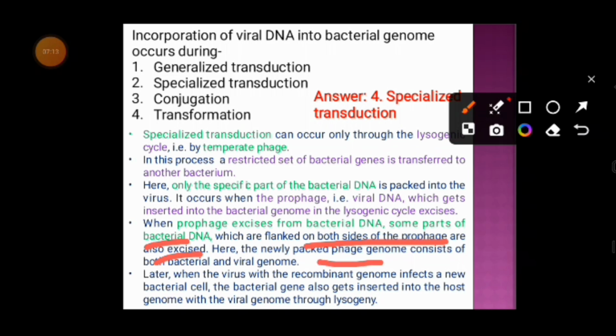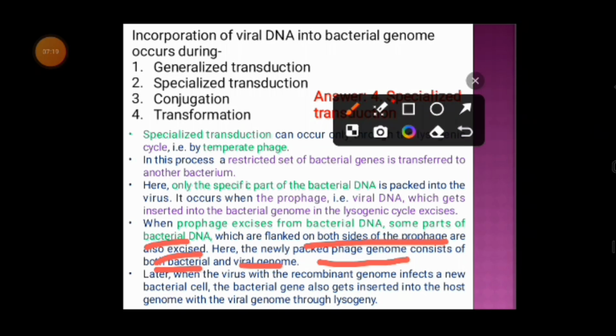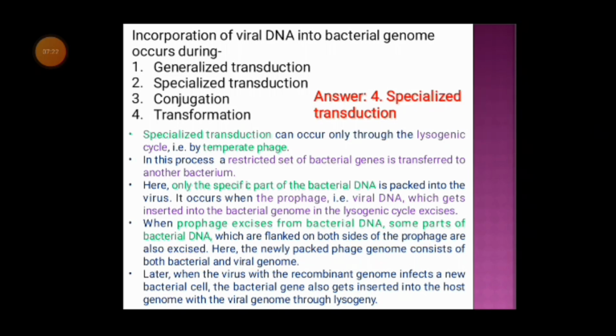Here, the newly packed phage genome consists of both bacterial DNA and the viral genome. Later, when this virus with the recombinant genome infects new bacterial cells, the bacterial gene also gets inserted into the host genome with this viral genome through lysogeny.